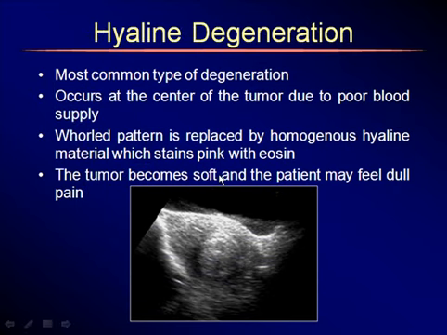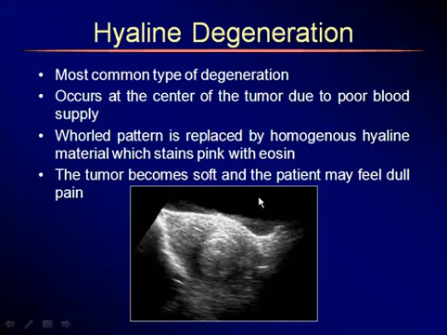Hyaline degeneration is the most common type of degeneration. That's actually a pathologic kind of diagnosis. We can't really make that diagnosis from sonography. It occurs typically at the center of the tumor because of the poor blood supply, and the smooth muscle whorls are replaced by homogeneous hyaline material.